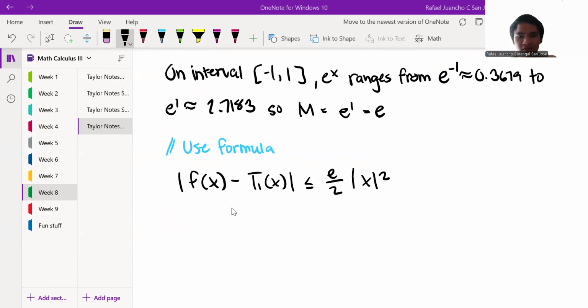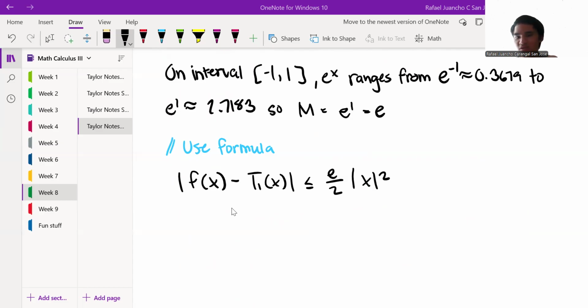And then on the interval -1, 1, the maximum x squared is, well, it's 1, right?